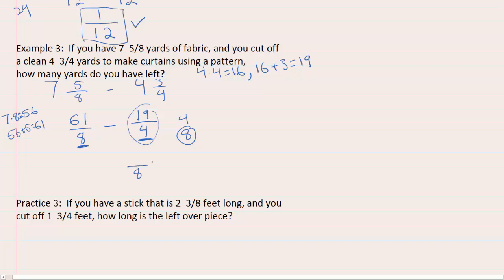Okay, so to get eighths on the bottom, we'll have to multiply by 2, which means we also multiply the top by 2. So then that would be 38. Okay, so now we have 61 eighths minus 38 eighths, and we should actually be ready to do our subtraction.